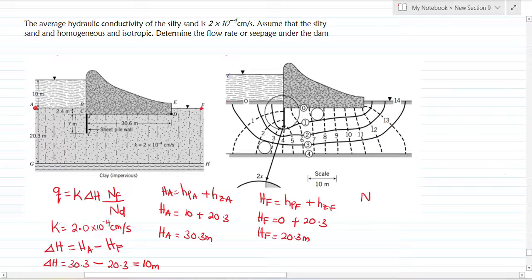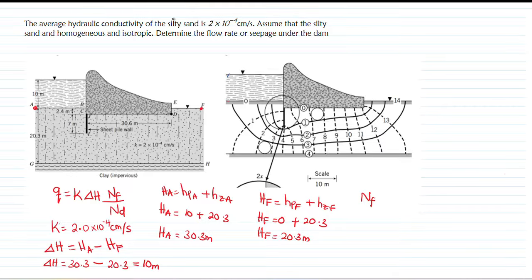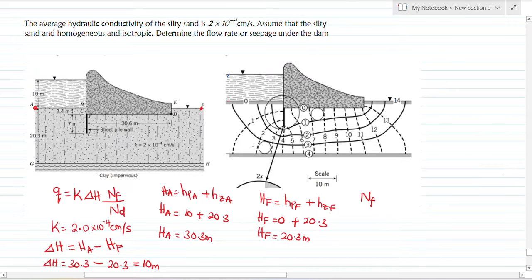Then we need to find the number of flow channels. We just count the number of flow lines. You identify the flow lines, then you will find the number of flow channels. So this is a flow line. There is another flow line here, another here, another here, and this is another flow line.